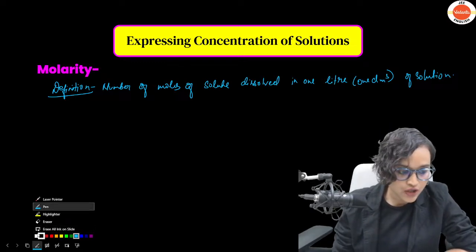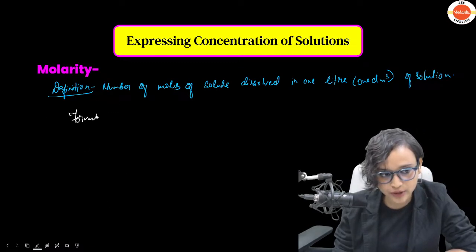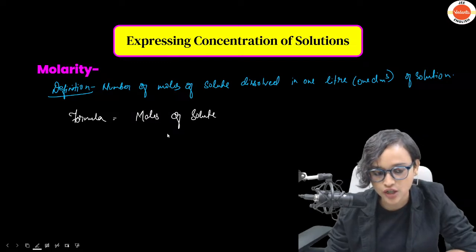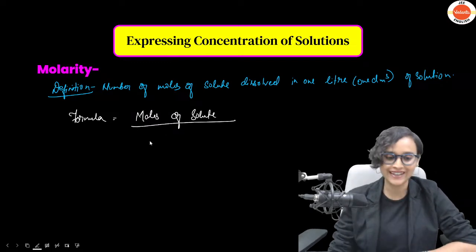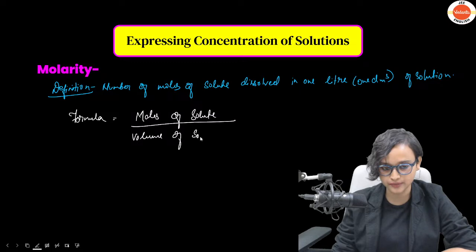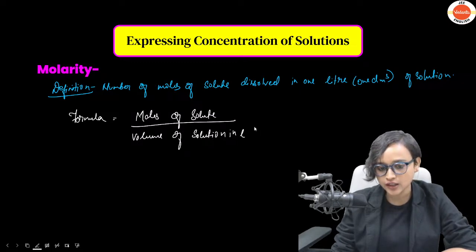Cool. Now that we are done with this, let's also write down the formula. What is going to be the formula, everyone? The formula is moles of solute, as it is written in the definition, divided by volume of solution in liter or in dm cube.